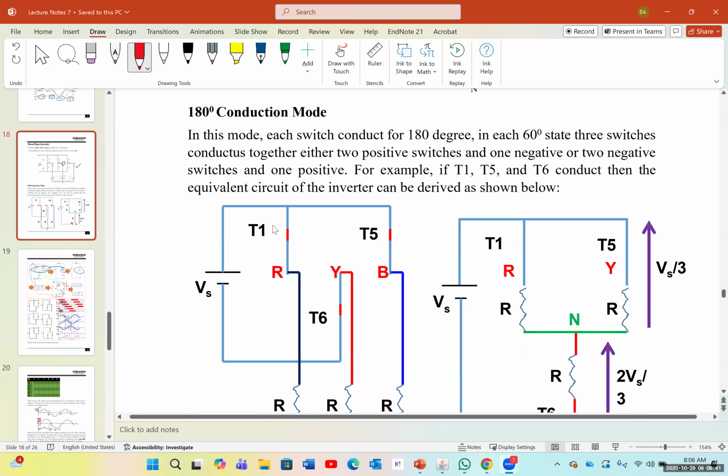And in this method, three of the switches are connected at the same time. At each 60-degree state, three switches conduct together. So 3 times 60 degrees, 180 degrees. So at 180 degrees, we have conduction and then a delay and then conduction again.